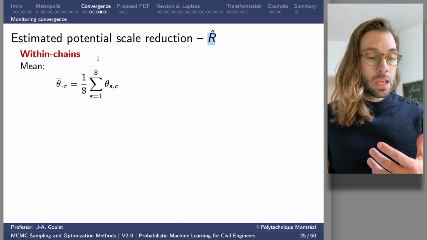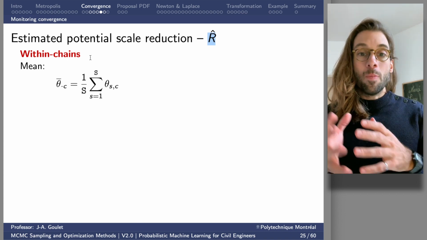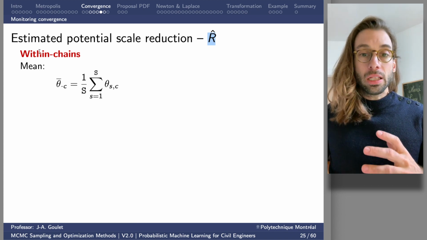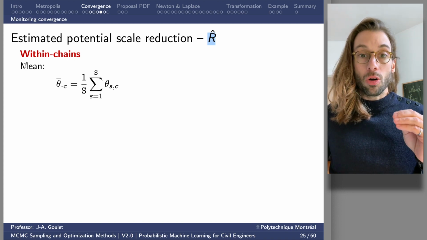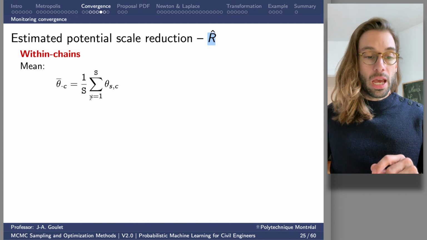So the key here is to compare the within-chain and between-chain variance in my samples. To calculate the within-chain variance, I'm going to first look at the mean, or the empirical average, of each of my chains.